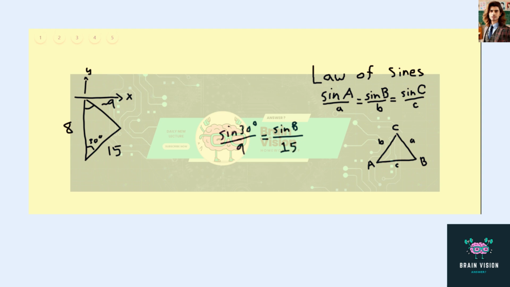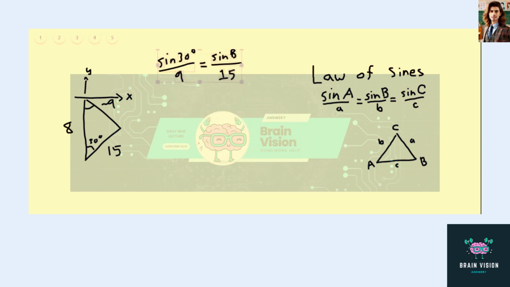The way we solve this is using our handy dandy calculator once again to solve for B. And we do that by actually using the arc sine, which is the inverse function to get out the value of what this normally would be.